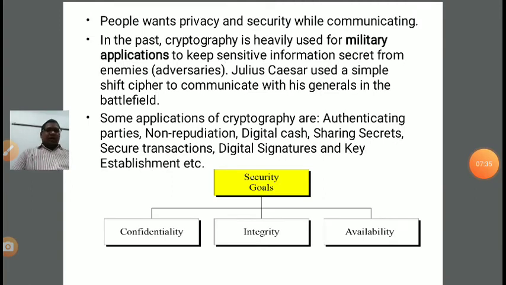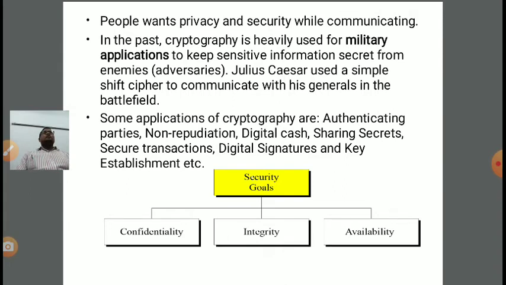Now one question may arise in your mind: why is cryptography required? When we want to transmit a message from the intended sender to the intended receiver, there is an information channel in between. From the channel, the information can be known to unintended users.